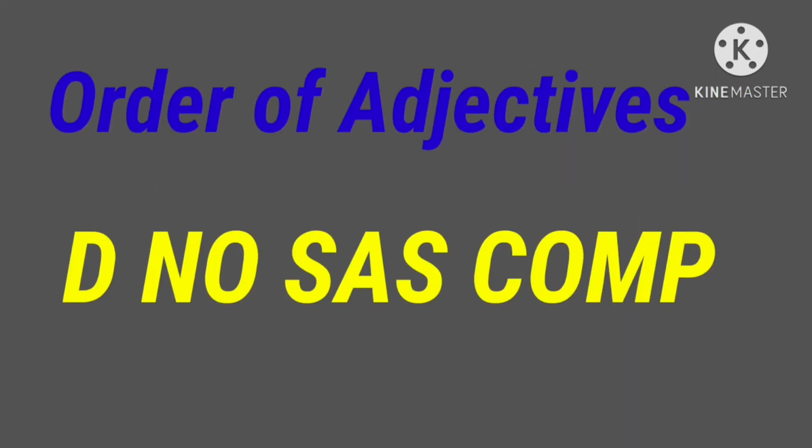Order of adjectives. When more than one adjective comes before a noun, the adjectives are normally in a particular order. So what is that order?